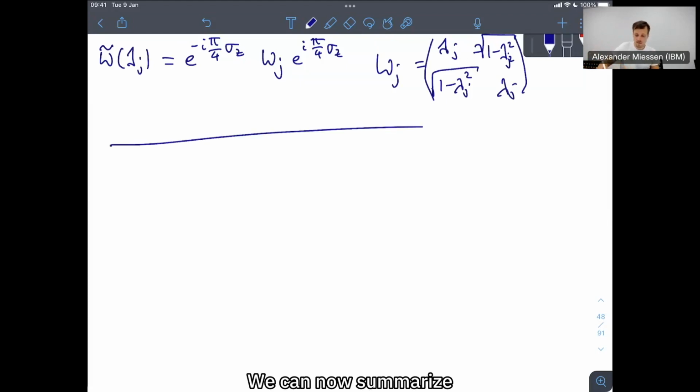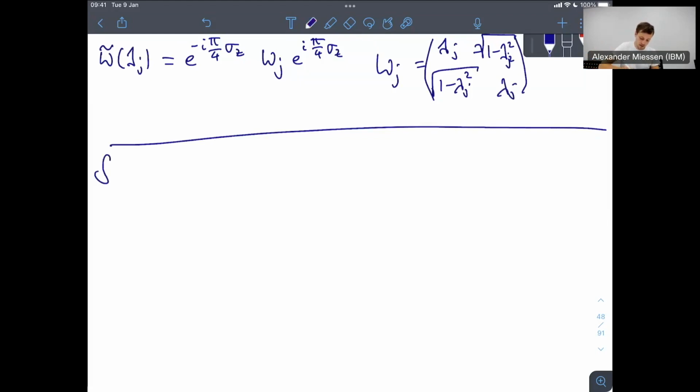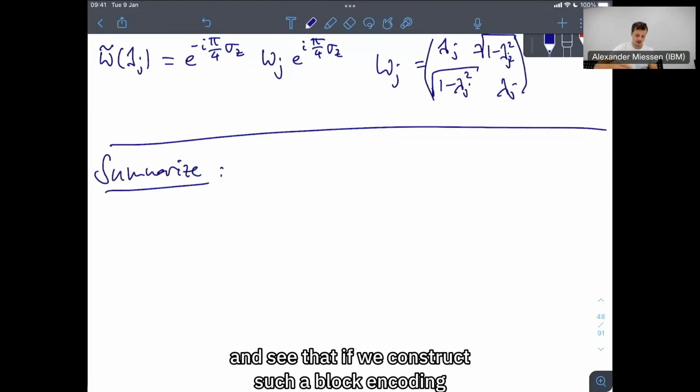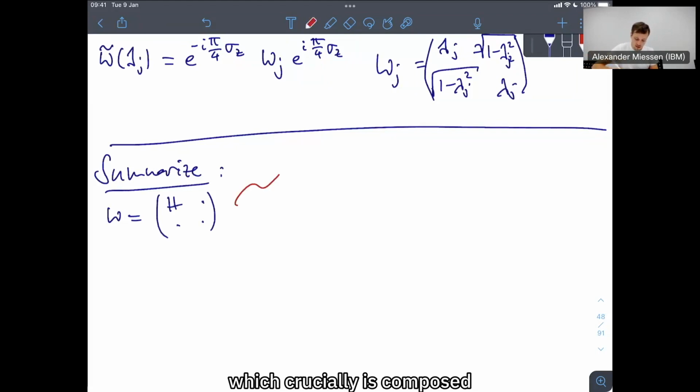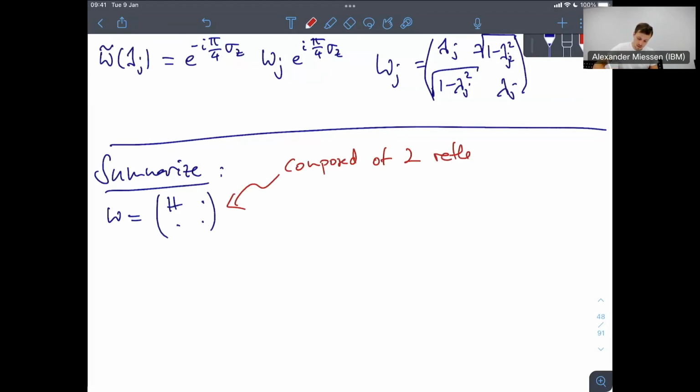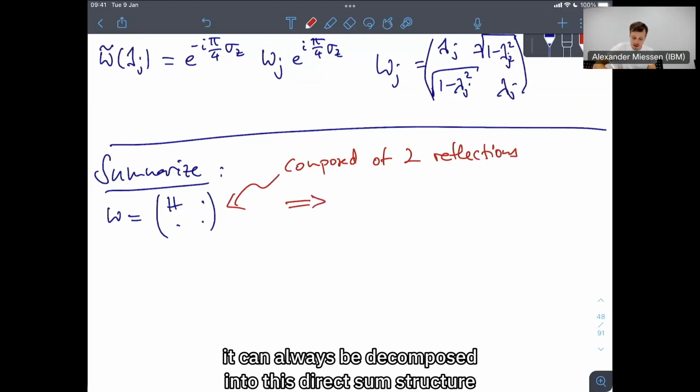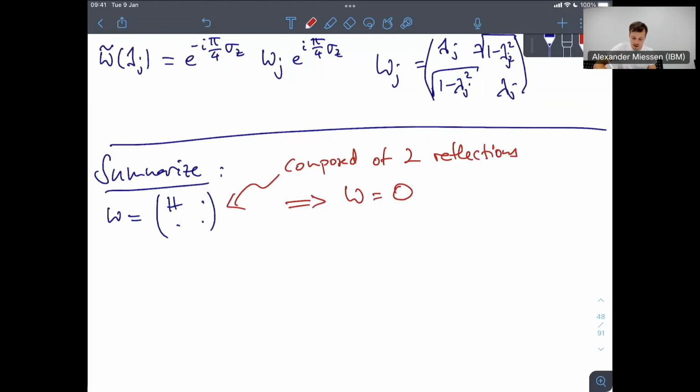We can now summarize and see that if we construct such a block encoding of some operator H, the Hamiltonian, which crucially is composed of two reflections, it can always be decomposed into this direct sum structure that I showed you before.